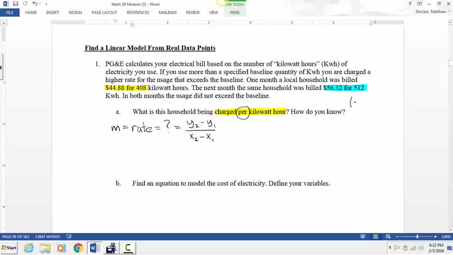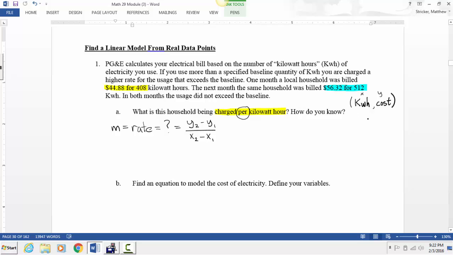The X is going to be the kilowatt hours, because that's the input. That's what you plug in to find out what the Y is. The Y is the charge or the cost to use those kilowatt hours. Because you have to remember, X determines Y, so you would use kilowatt hours to find costs, not cost to find kilowatt hours. So these are our X's, these are our Y's.